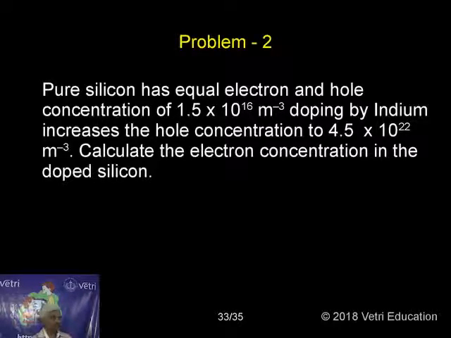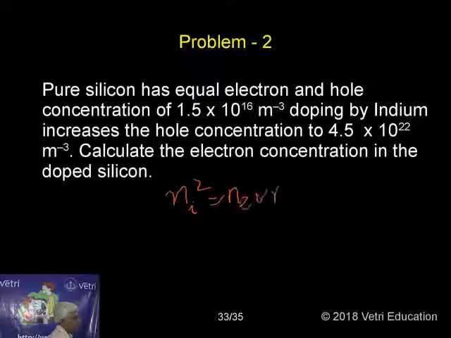Conductivity of a semiconductor is Ne mu E plus NH mu H. Ne is called electron concentration, NH is called hole concentration, mu E is electron mobility, mu H is hole mobility. I have given everything in detail. I have also given one formula: for an intrinsic semiconductor, Ni squared is nothing but Ne into NH.